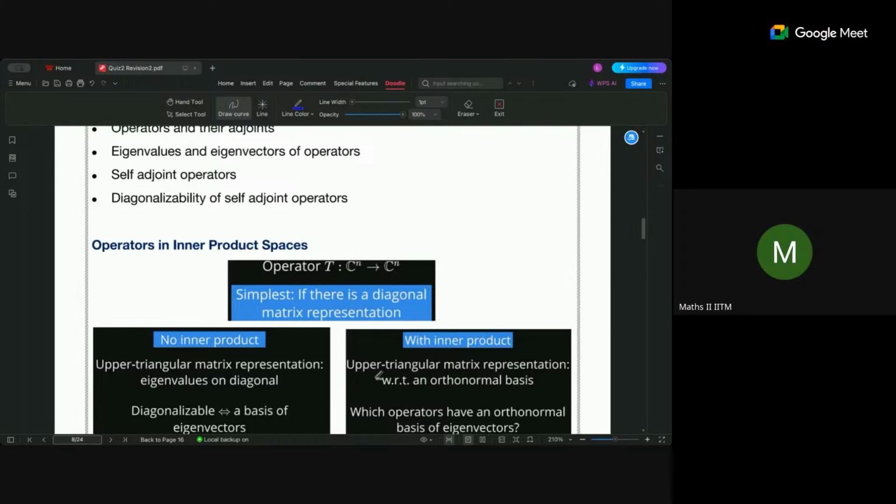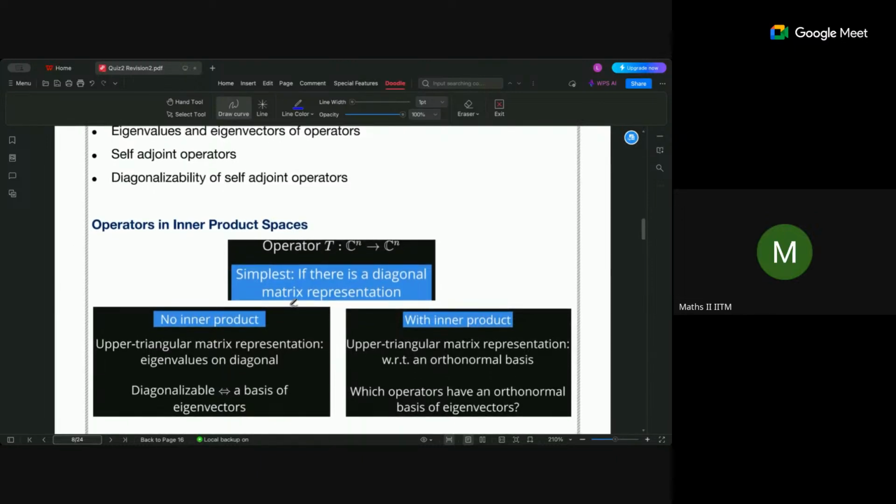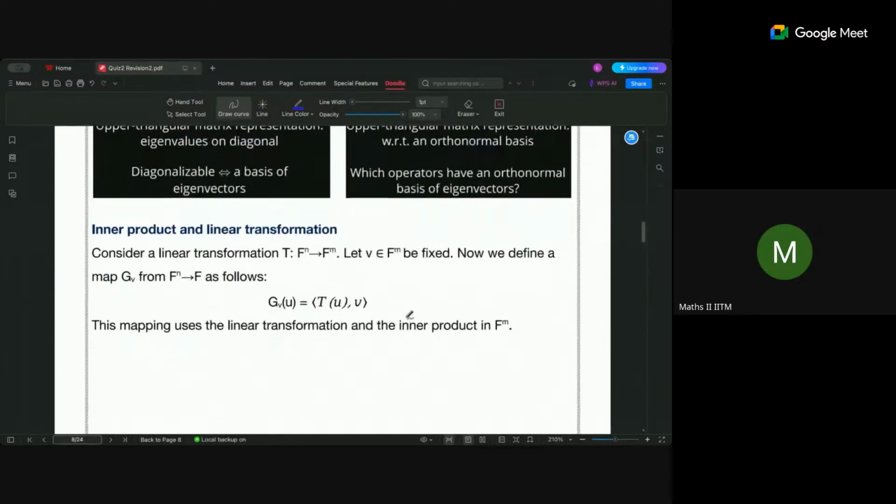We know that when there is no inner product, by Schur's theorem, we at least know that there is an upper triangular representation. And here you see that the upper triangular matrix is given based on the eigenvalues, right? Here you see you have an orthonormal basis when you have an inner product. So in both the cases it is upper triangularizable, right?